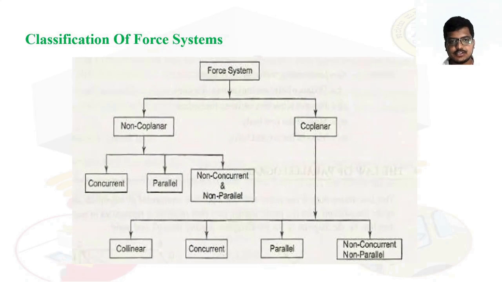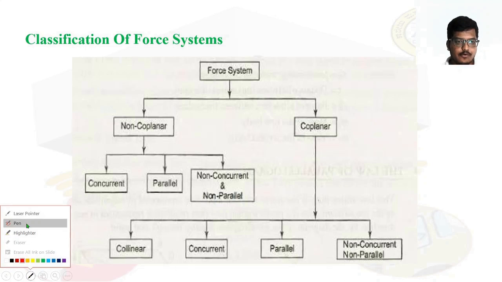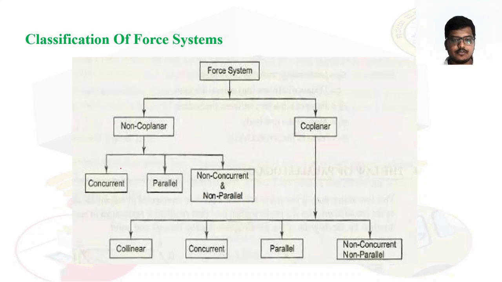Basically in the force system we have two types, coplanar and non-coplanar, and in both coplanar and non-coplanar we have different types of systems. The first one is the non-coplanar system. I'll explain it one by one in the coming slides. I am just introducing the names.